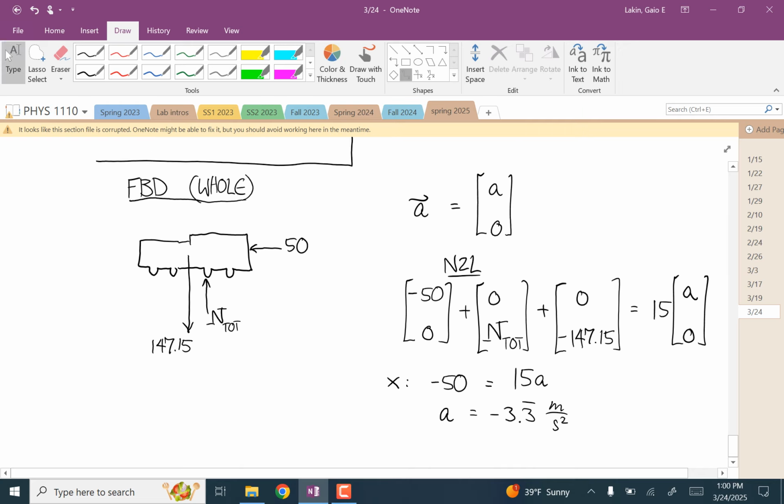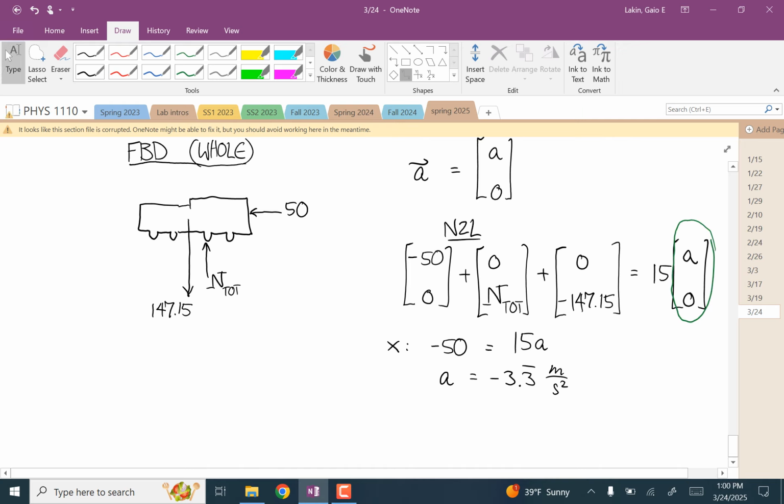Well, the acceleration vector is this. We just didn't originally know what that A was. Now we can plug in that negative 3.3 repeating. And so the acceleration vector is negative 3.3 repeating, 0.